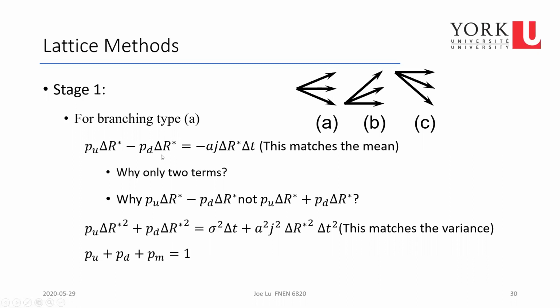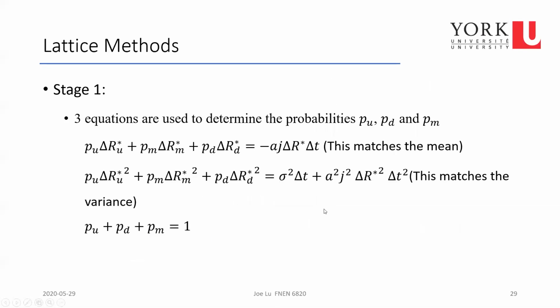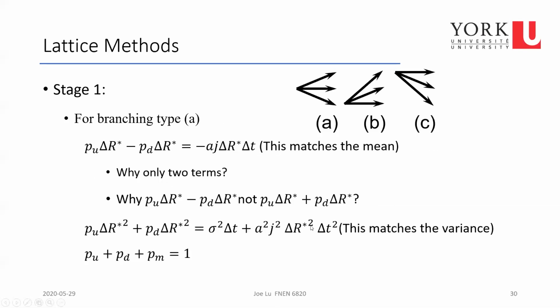So delta R D is equal to minus delta R star. Okay, that's where we have the minus sign here. So that's equal to this. And here, because we're taking the square, we have the plus sign here. Okay, so that's equal to this, which matches this part here. And given this condition, now we can solve that.